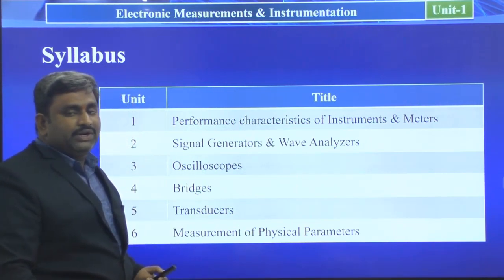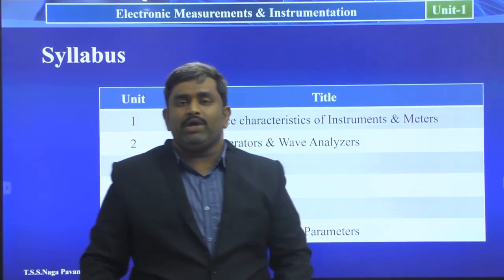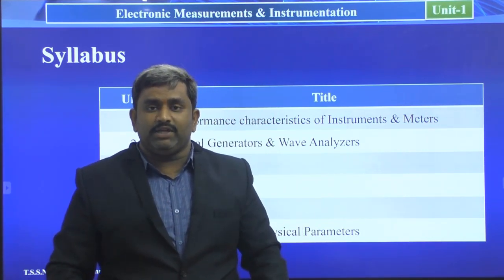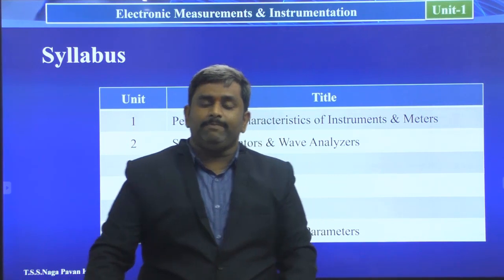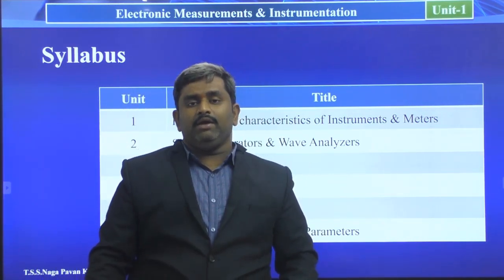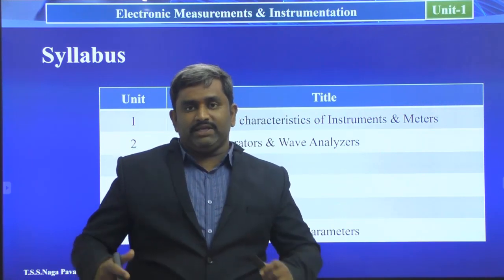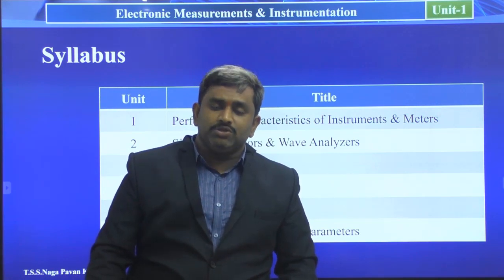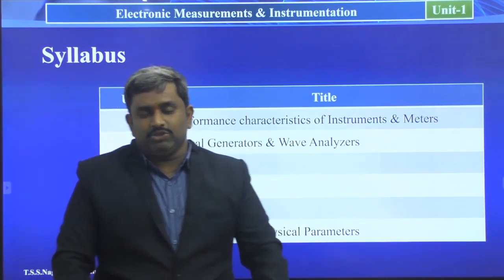Next, the fifth one, transducers. A transducer is a device which converts one form of energy into another form of energy. Most of the time, we convert non-electrical energy into electrical energy and vice versa. For example, if the human body is suffering from some problem, we measure it with the help of transducers.